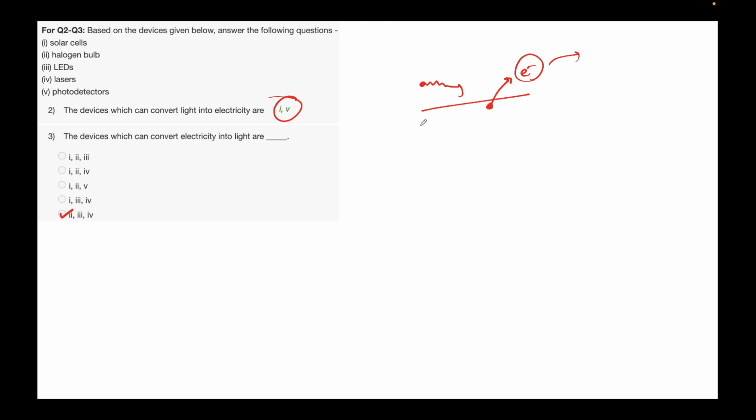So if I understand it correctly, the input is light and the output is an electron. So isn't this a device which converts light to electricity? I mean, yeah, you're correct, it's converting energy, light is the input, but I believe the output is an electron. An electron, if you make it flow through an external circuit, you will get current. So that's conversion of light to electricity.